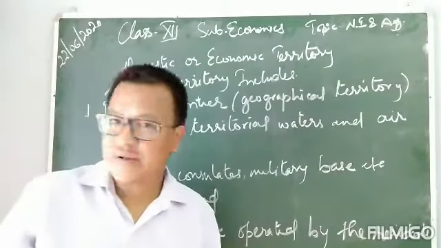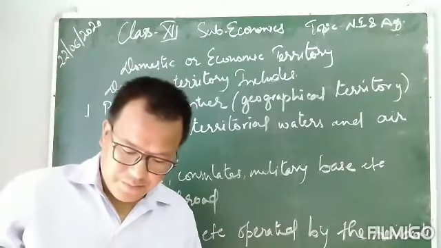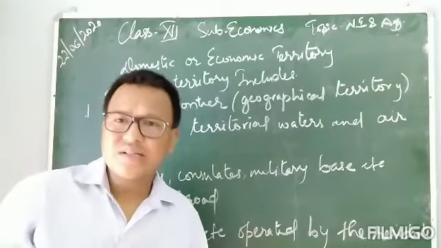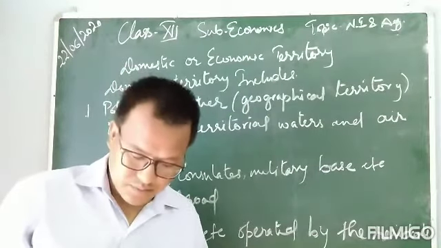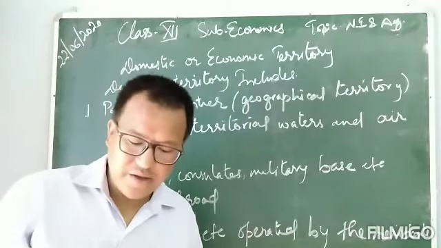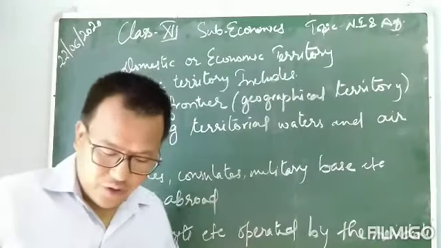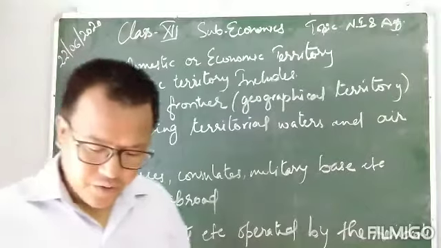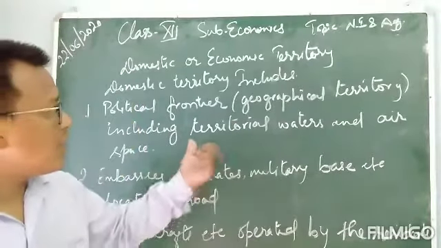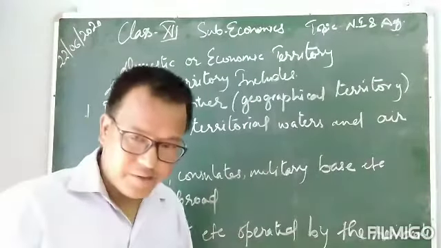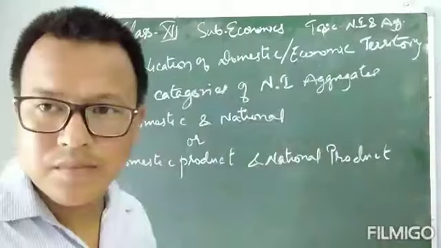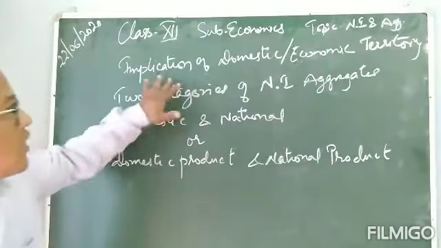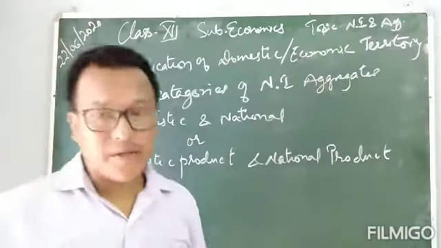The researchers have undertaken a project for, let's say, oil, natural gases, etc. So these are all included in our domestic territory. So that is the implication of domestic or economic territory.